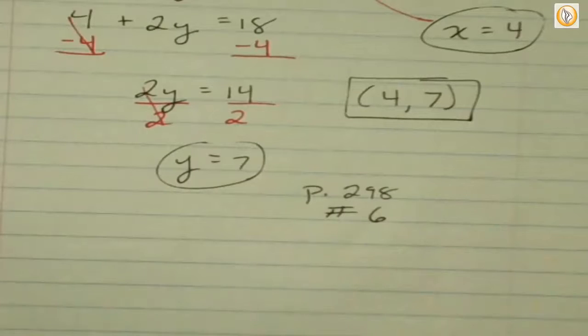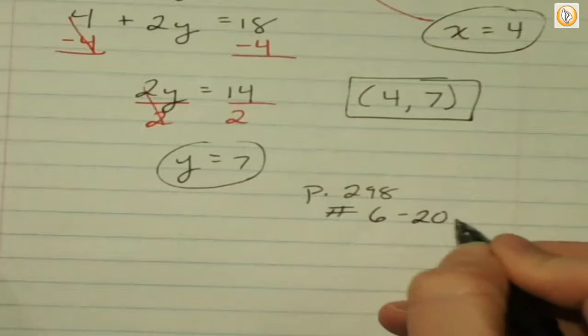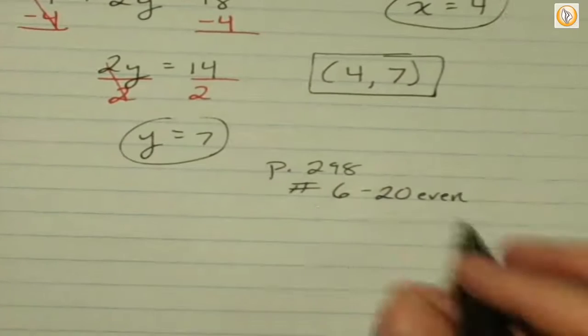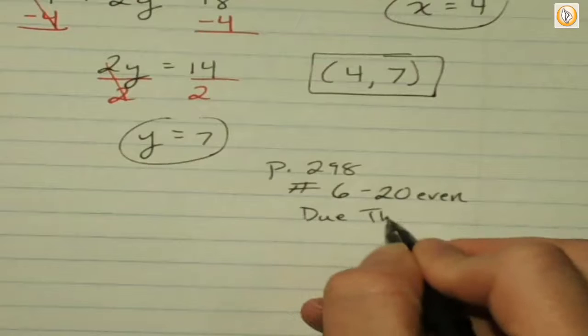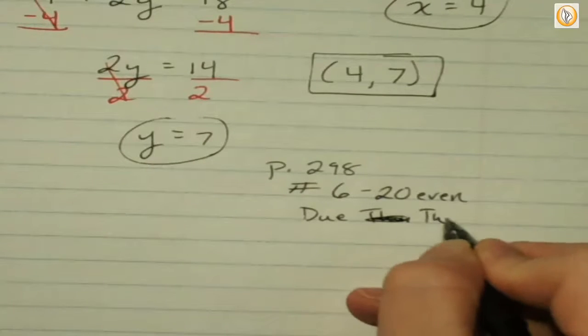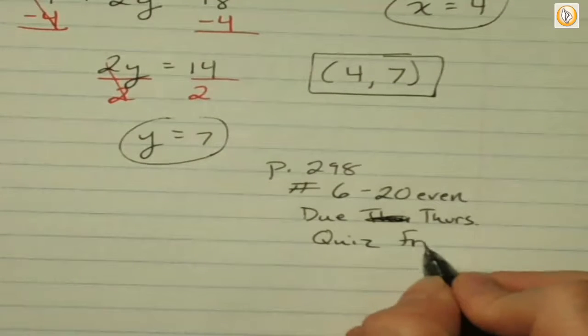Hold on just a second. I'll be nice. 20 even. I think that's 8 problems. 1, 2, 3, 5, 7, 8. Yep. That is due Thursday. What is today? Today's Wednesday, right? Sorry. Due Thursday. Your quiz is Friday.